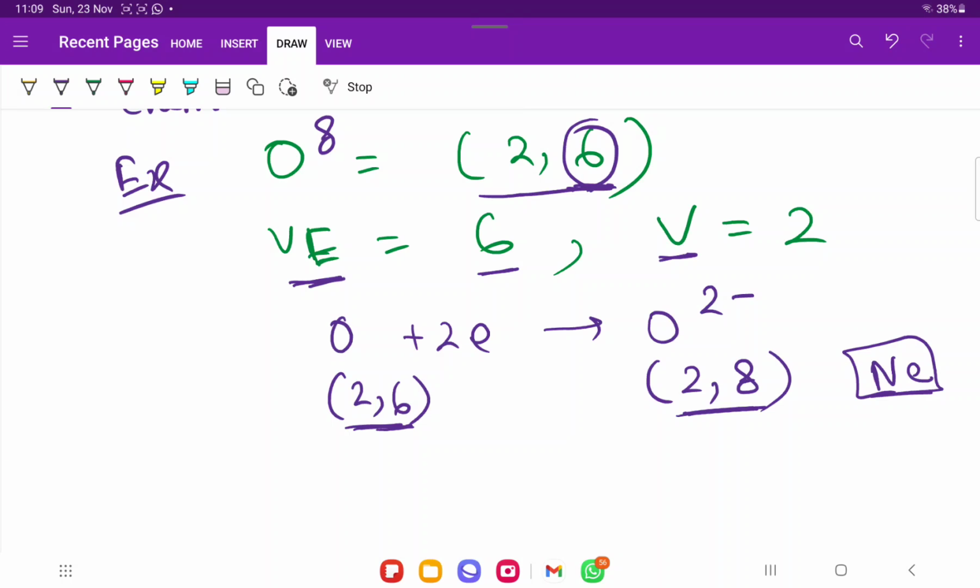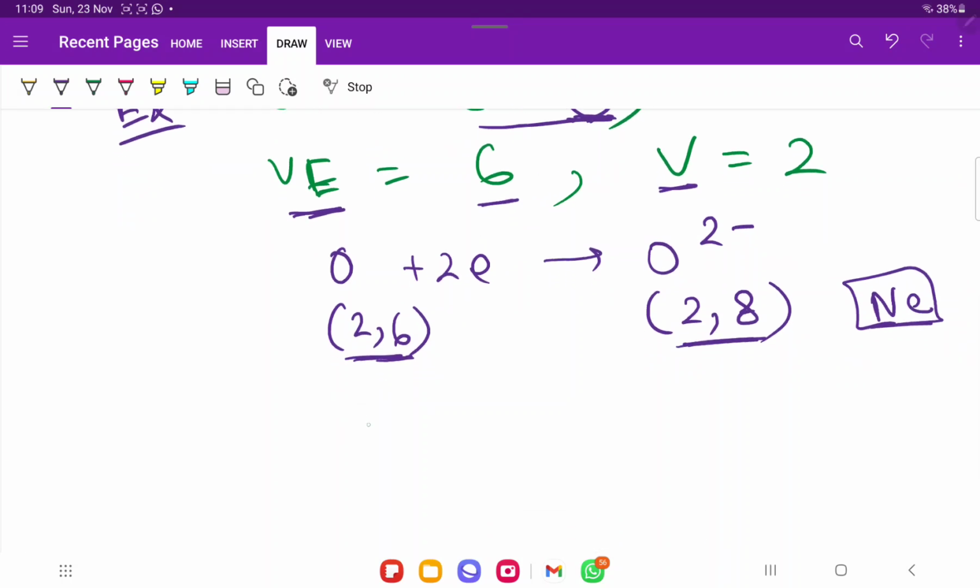Then when will valence electron and valency be the same? It is the same whenever the number of outermost electrons is 1 to 4. Let's see beryllium. Beryllium has a total of 4 electrons, right?